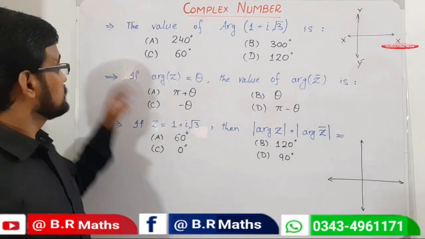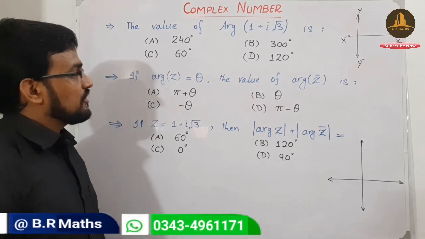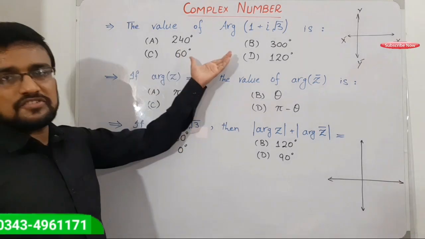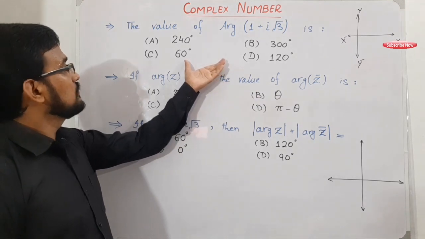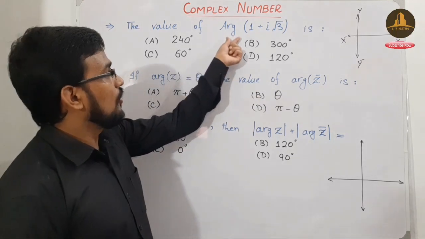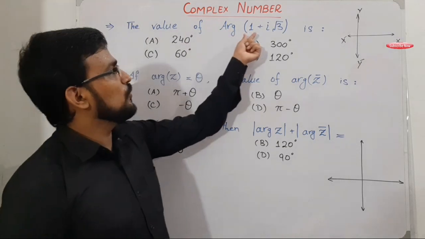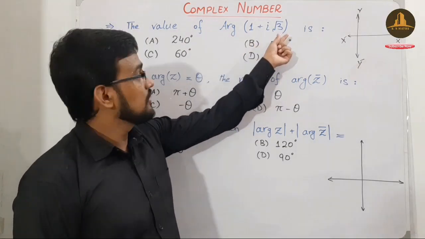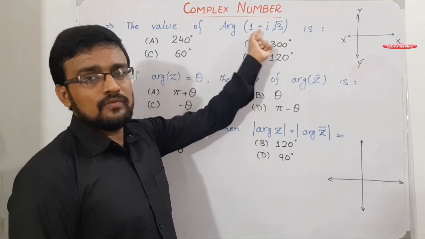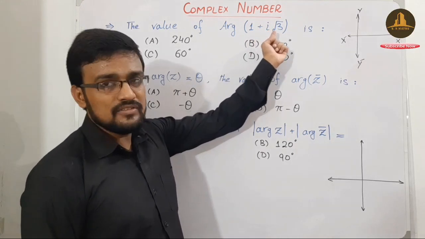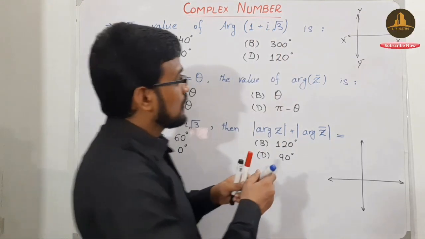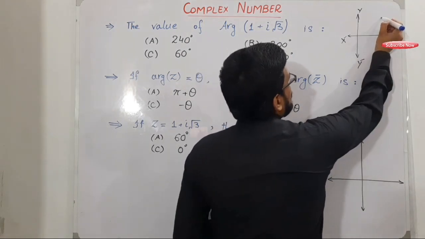Yes student, these are 3 important MCQs. The first MCQ we now discuss. Value of the argument of 1 plus iota square root 3. Real positive, imaginary positive, it means the point lies in the first quadrant.